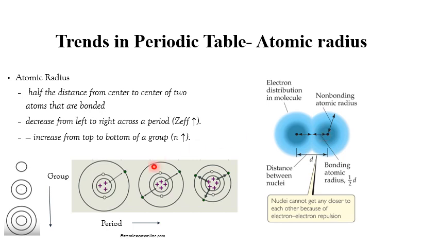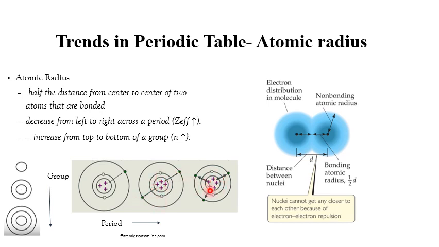So let us consider elements from the second period. Okay, so for the second period, we will have two energy levels, two shells. So we can see an element with 3 protons and 3 electrons, 1 valence electron here. And when you go to the next element in the same period, we can see 4 protons and 4 electrons.